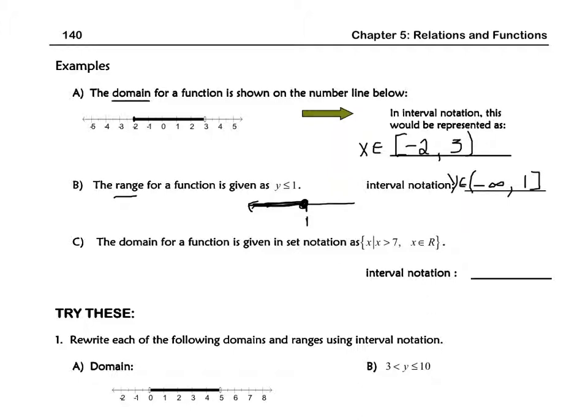The domain for a given function is given in set notation as x, the set of all x's, such that the x's are greater than 7 and they're real numbers. So again, if it helps, draw a little number line for yourself. This is 7, and you want everything bigger than 7. So you don't want to include 7, you want it bigger than 7, with values on this side of 7.